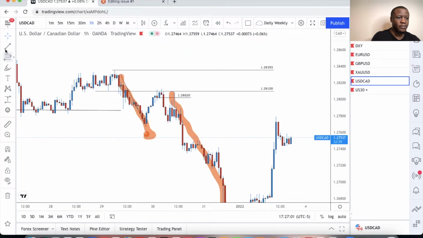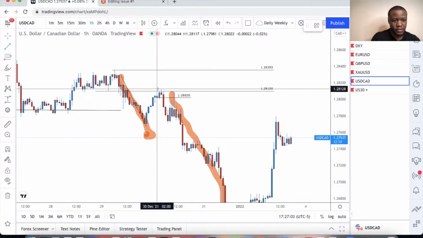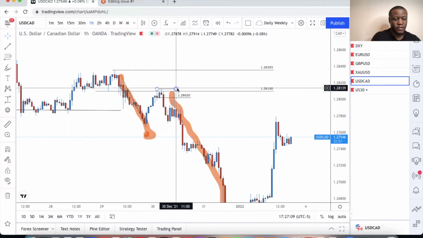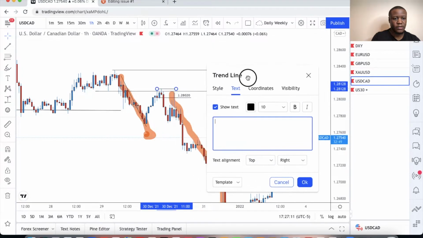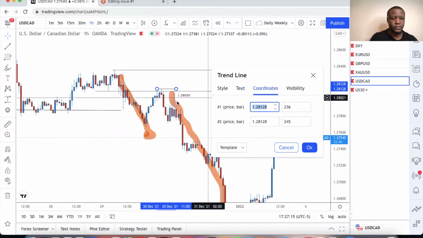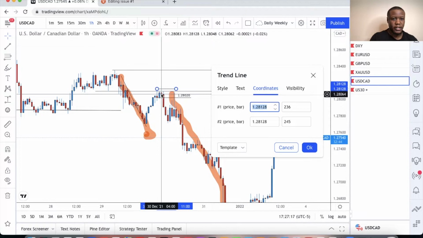And then your stop would have been up here. I don't got that level yet. The high of this is 1.28128. So I'll go 130 actually.